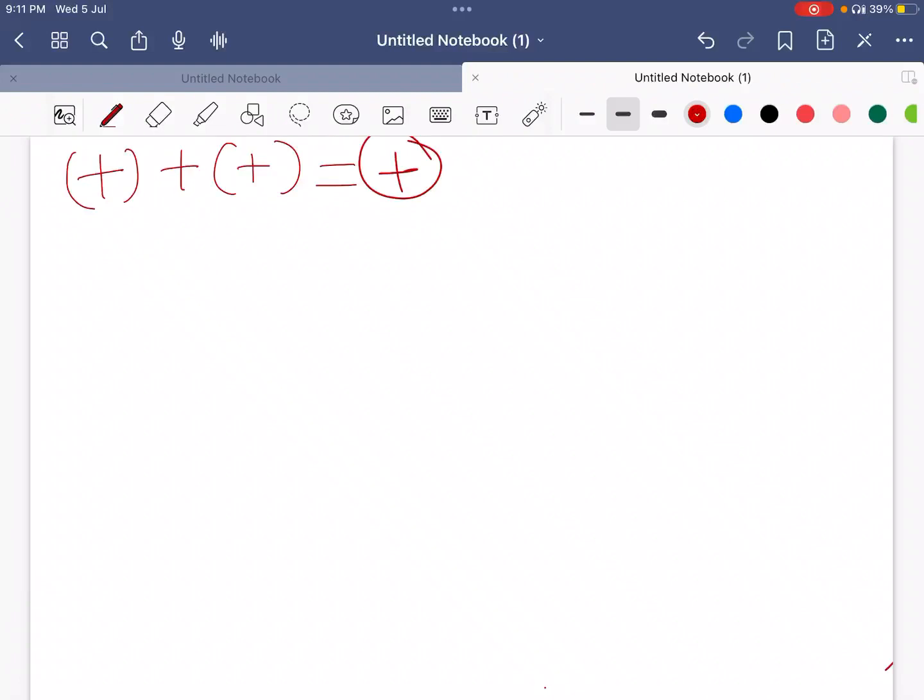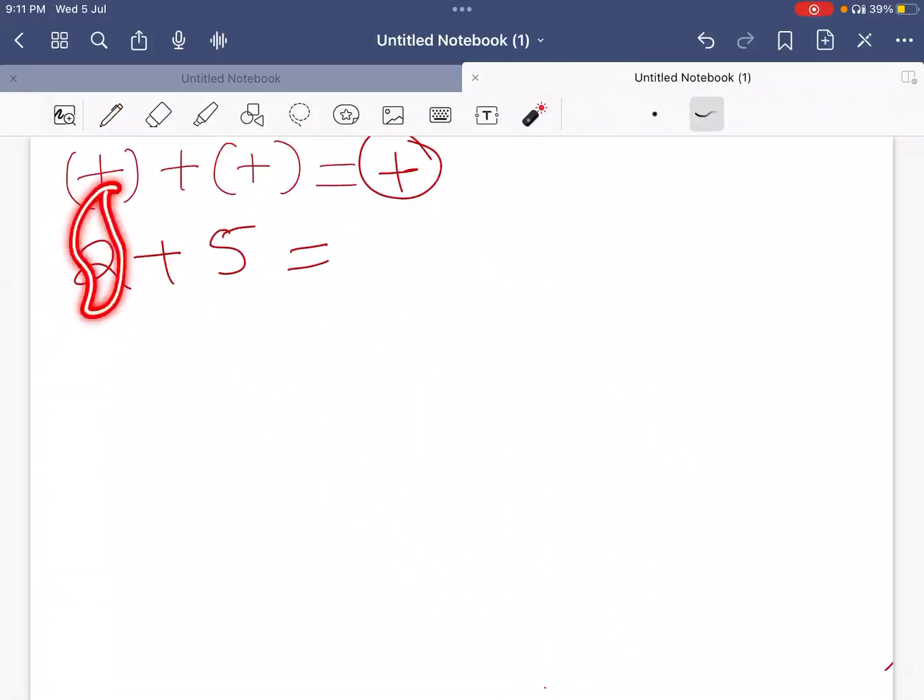Take the example 2 plus 5. This is positive, this is also positive, so definitely your answer is positive, but we have to add these two numbers. So you will get the answer 2 plus 5 is equal to 7.